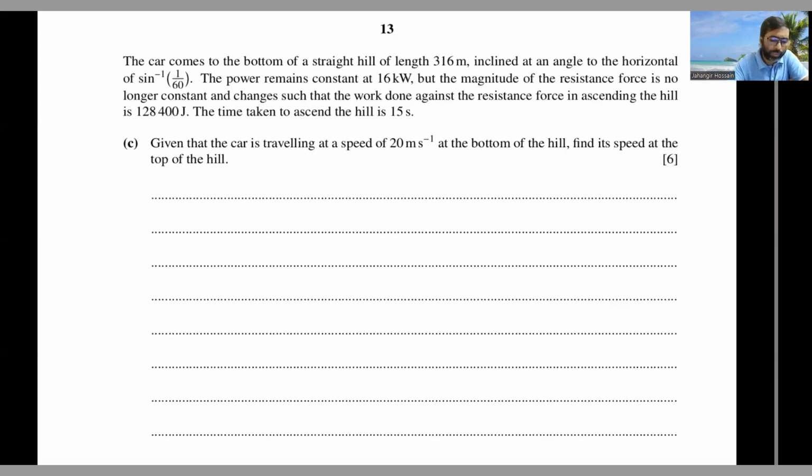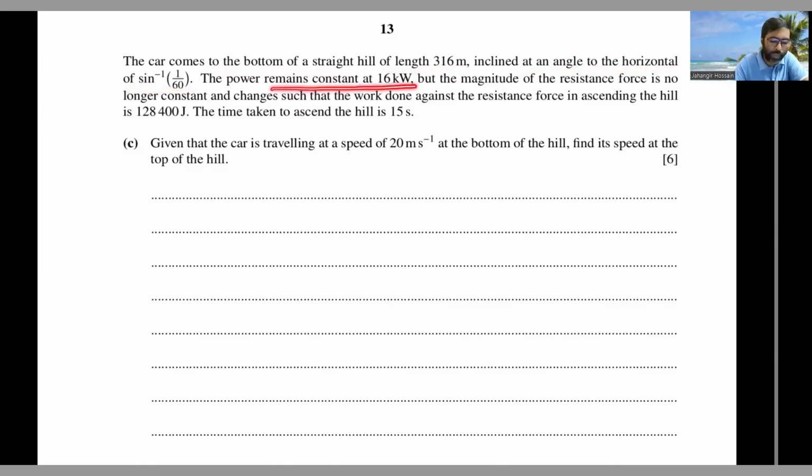Here you see the car comes to the bottom of a straight hill of length 316 meters, inclined at an angle to the horizontal of sin inverse 1 by 60. So if the angle is alpha, then sin alpha is 1 by 60.